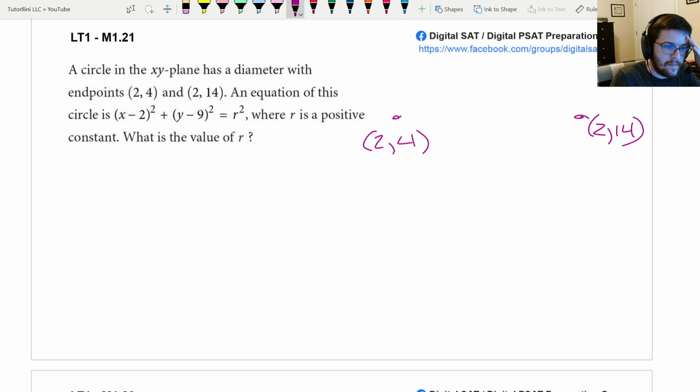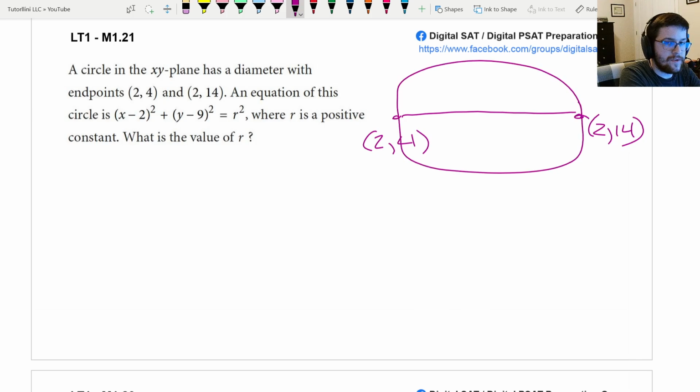So for left and right, we do right minus left. So the distance, which is actually the diameter, is equal to 14 minus 4, which is 10.